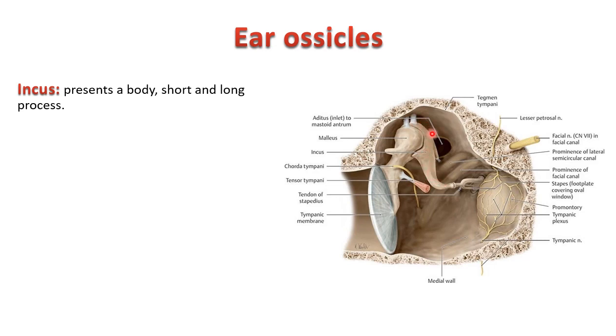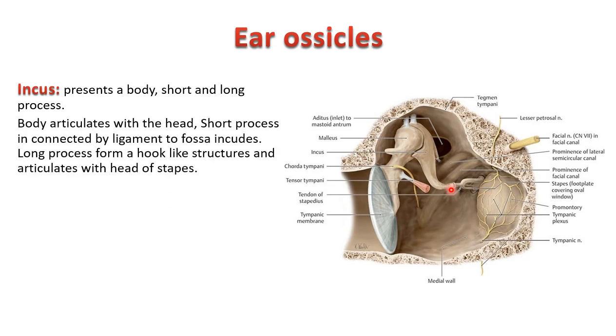So the body maintains contact with the globular head of the malleus, forming the malleoincudal joint, and the long process finally forms a lenticular-shaped nodule through which it articulates with the head of the stapes bone, forming the ball and socket joint. Okay, so this is actually a ball and socket variety. It is indeed the smallest ball and socket joint in the body.